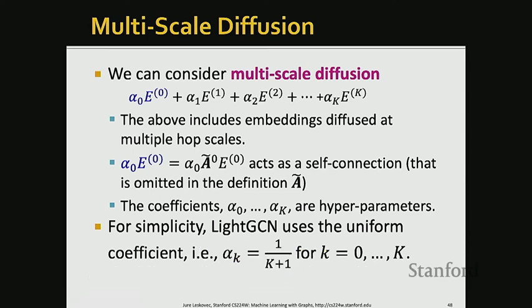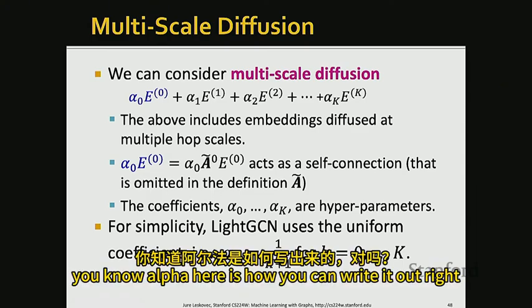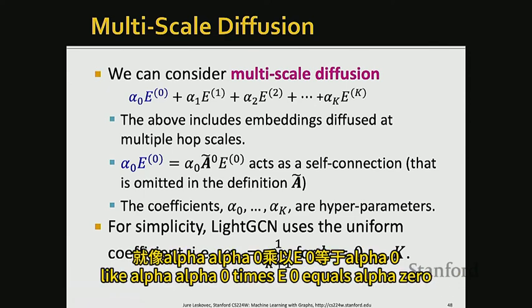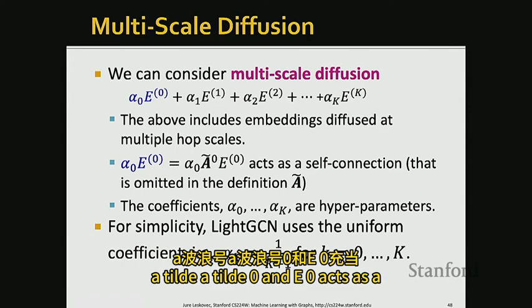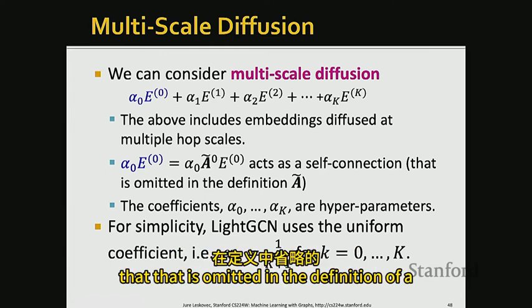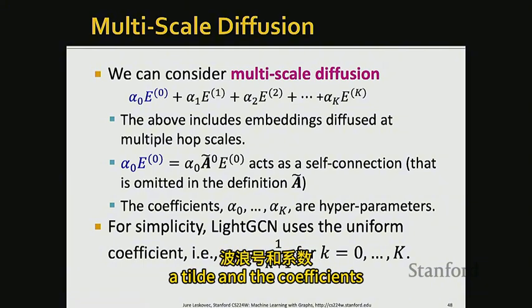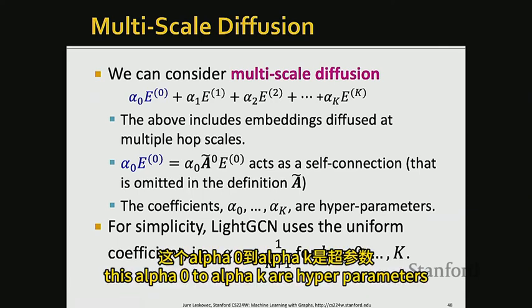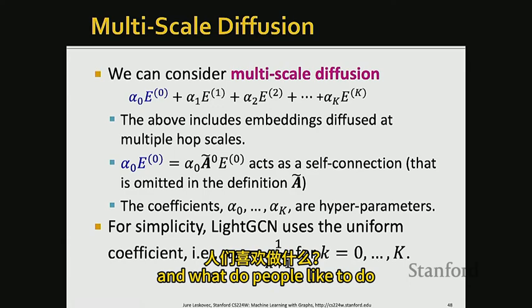And here is how you can write it out, right? Alpha 0 times E0 equals alpha 0 times A tilde 0 times E0, which acts as a self-connection that is omitted in the definition of A tilde. And the coefficients, alpha 0 to alpha K, are hyperparameters. And what do people like to do?